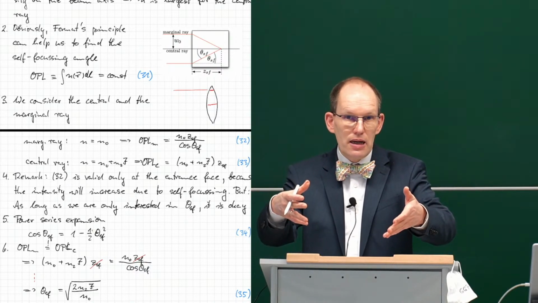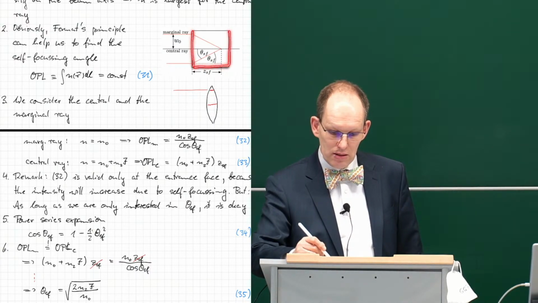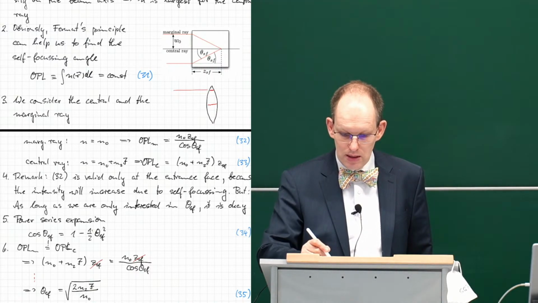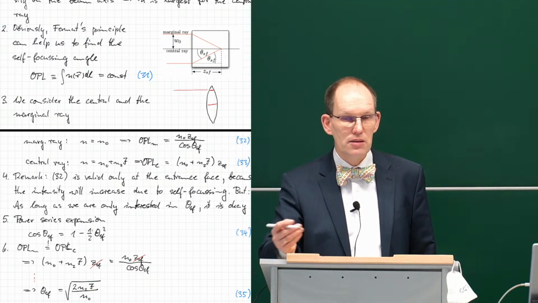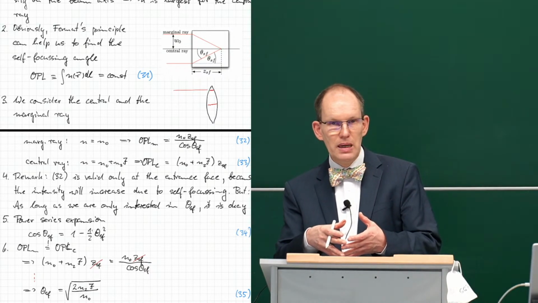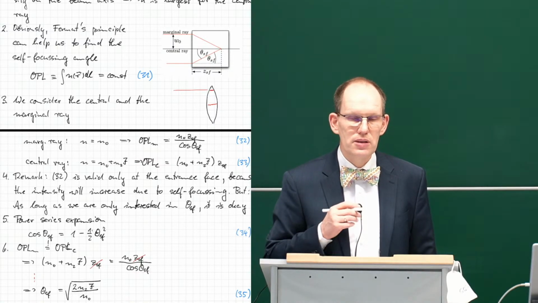It will still self-focus, but your optical material will probably be shorter than the self-focusing distance. Yeah, so the only thing in order to avoid the collapse of the beam is to make the self-focusing distance long enough.